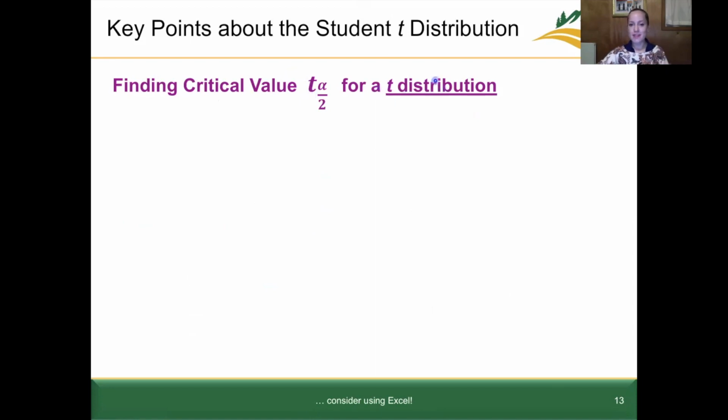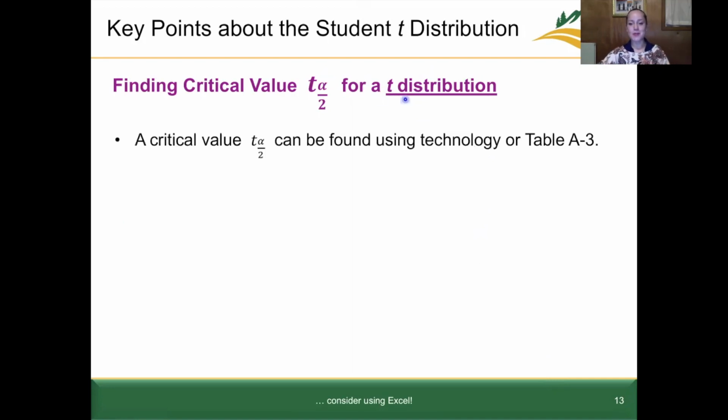If the set of data does fit a t-distribution from that equation we saw on slide 10, then instead of finding the z subscript alpha over 2, we're going to find the t subscript alpha over 2. To find this critical value, we can use Excel. I'll show you how to do that. We can also use table A3.